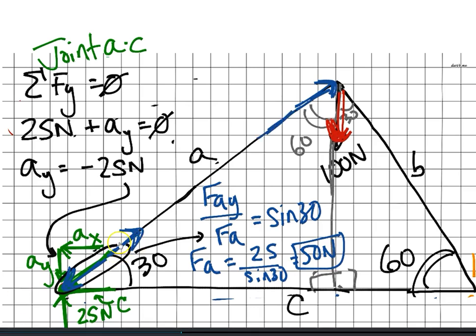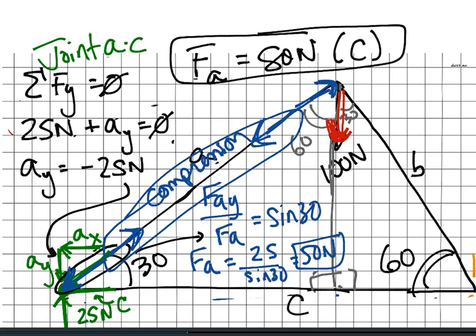The actual internal member has these arrows reacting against that. And so you can see that these arrows face in, and that is compression. Whenever you're doing this, if the arrows point toward the joints, then that member is under compression, because the internal force is facing inward, which is sort of like it's squeezing in, like compression. So to summarize this first member, FA equals 80 newtons, and it's under compression.